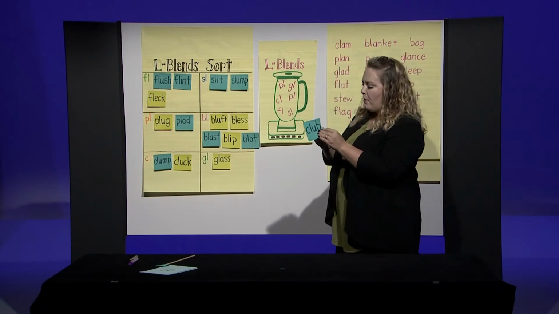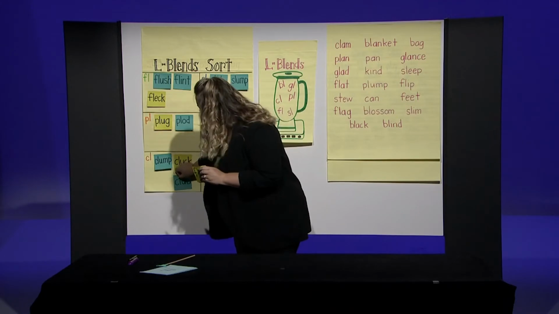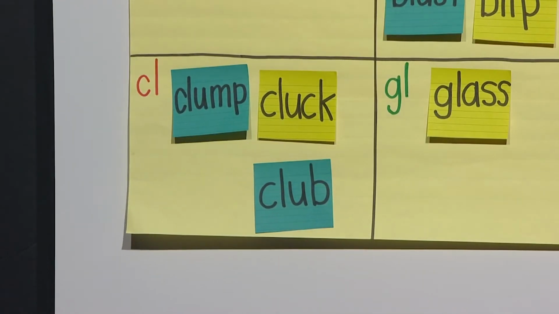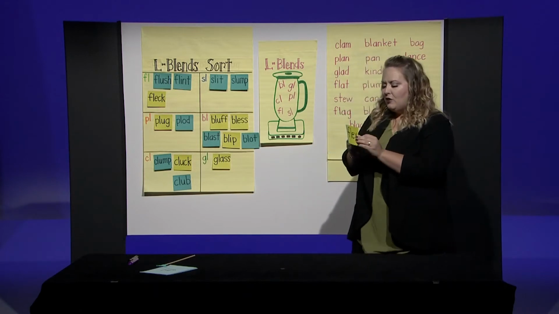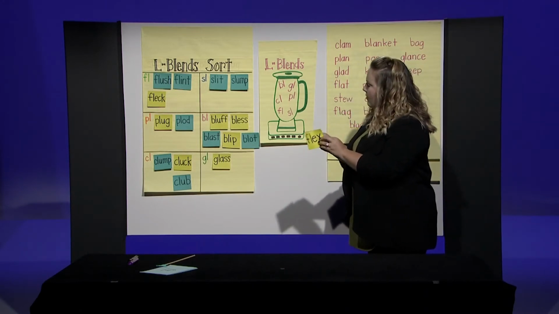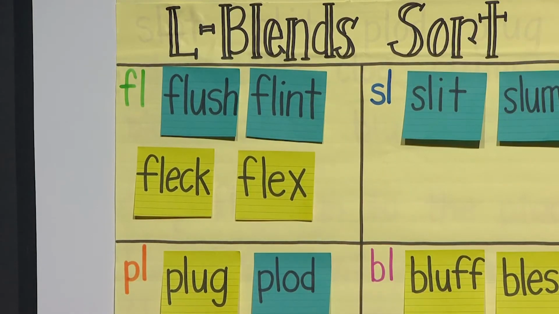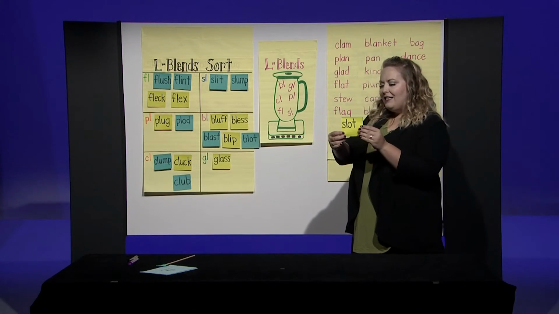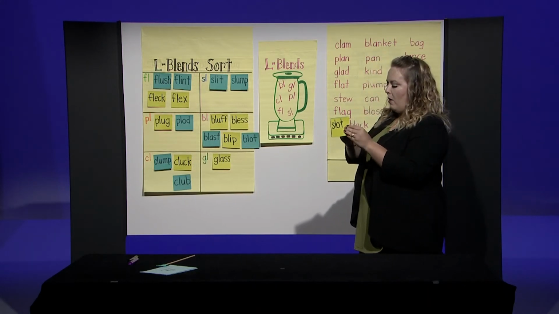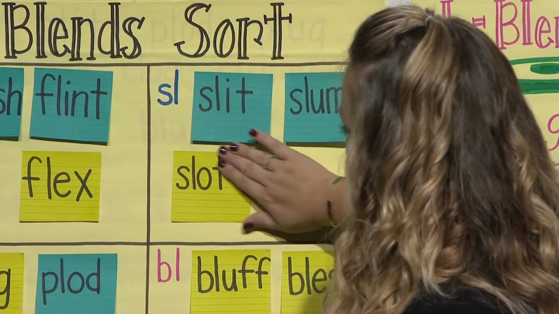Club. Where does club go? With our CL blends. Flex. Great job. Flex is going to go with our FLs. Just a few more. Slot. I heard y'all read that word. Slot goes with our SL blends.